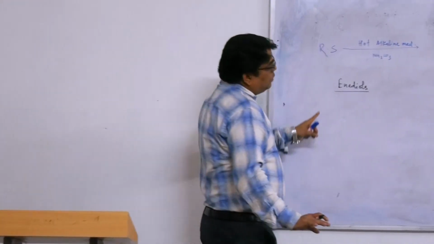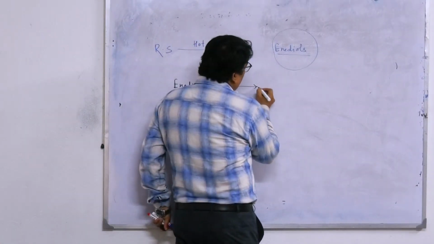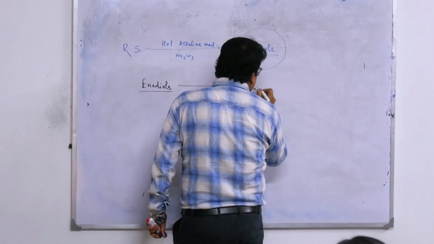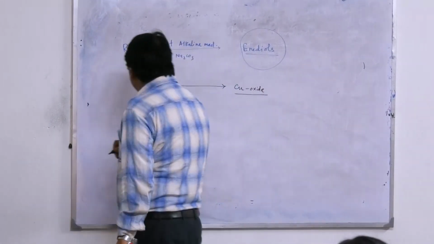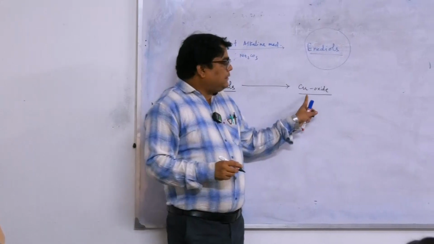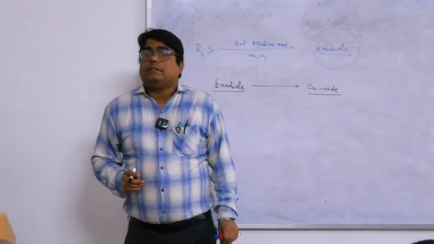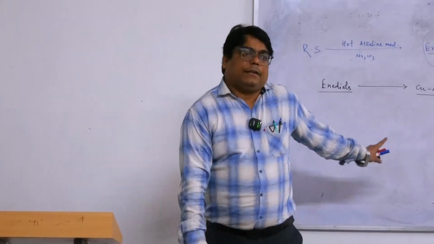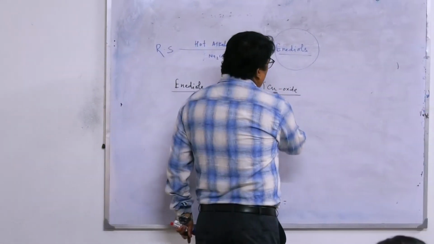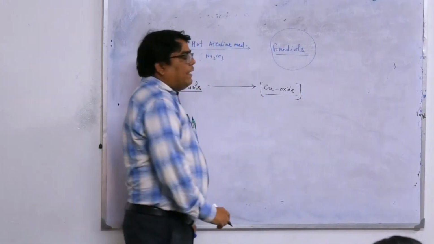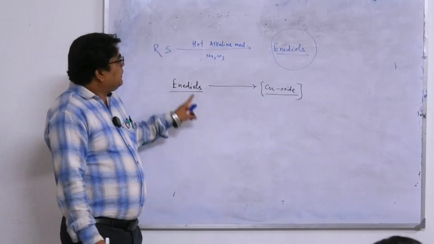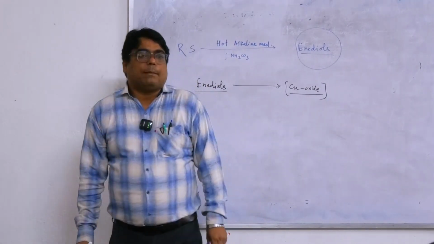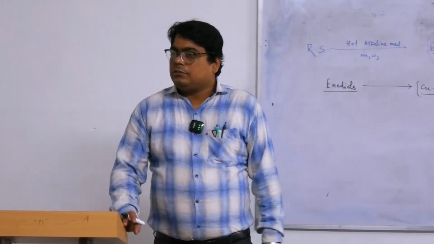So this reduces cupric ion into cuprous oxide, and this is a precipitate. By this precipitate, you confirm that the sample contains reducing sugar.